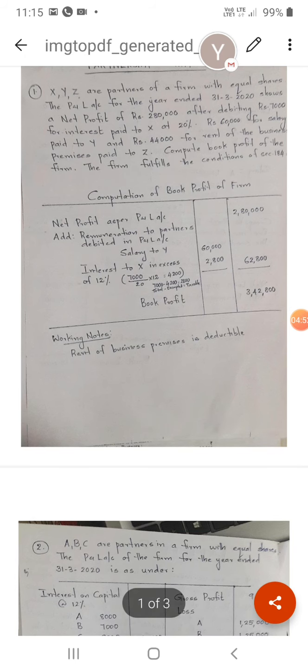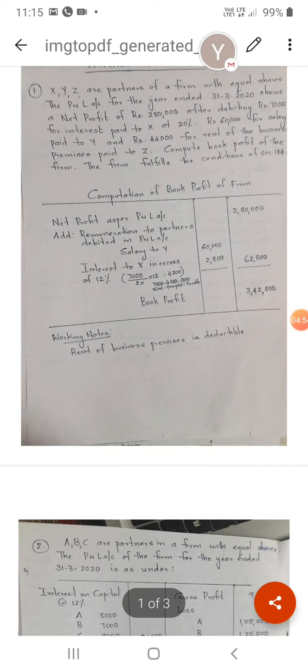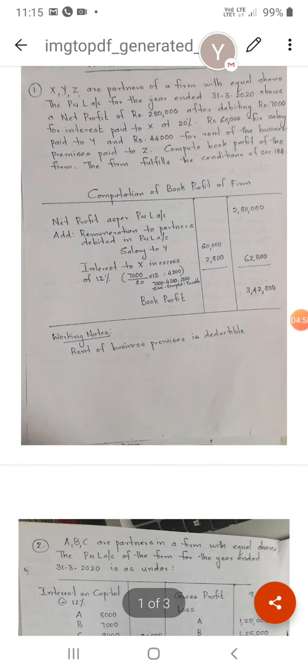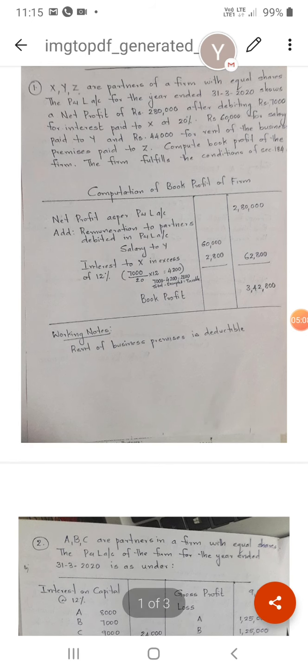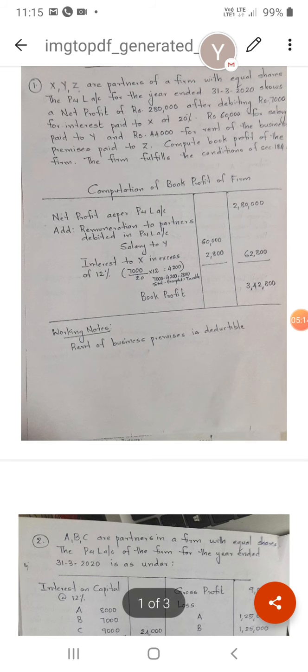The rent of business premises is an allowable business expenditure, and we are considering only business expenditures that are not allowed. Rent is deductible as a business expenditure, so it is not part of our solution.